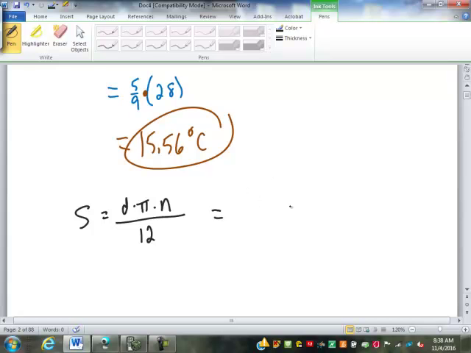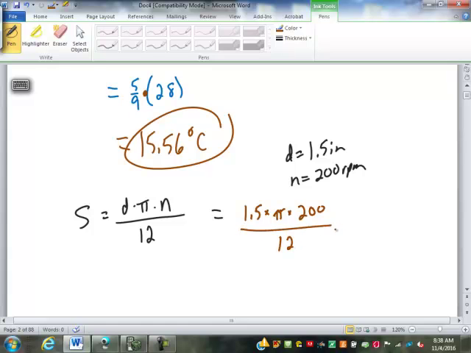We're talking about turning on a lathe here, of course. You have a piece that has a diameter of 1.5 inches and is turning at 200 RPM. So now you put in 1.5 times pi times 200. That's going to be divided by 12.